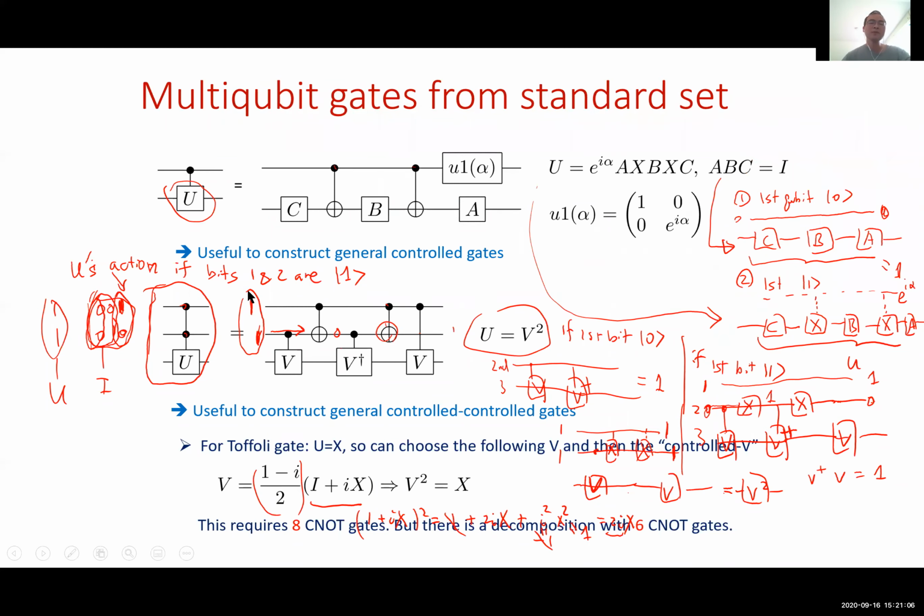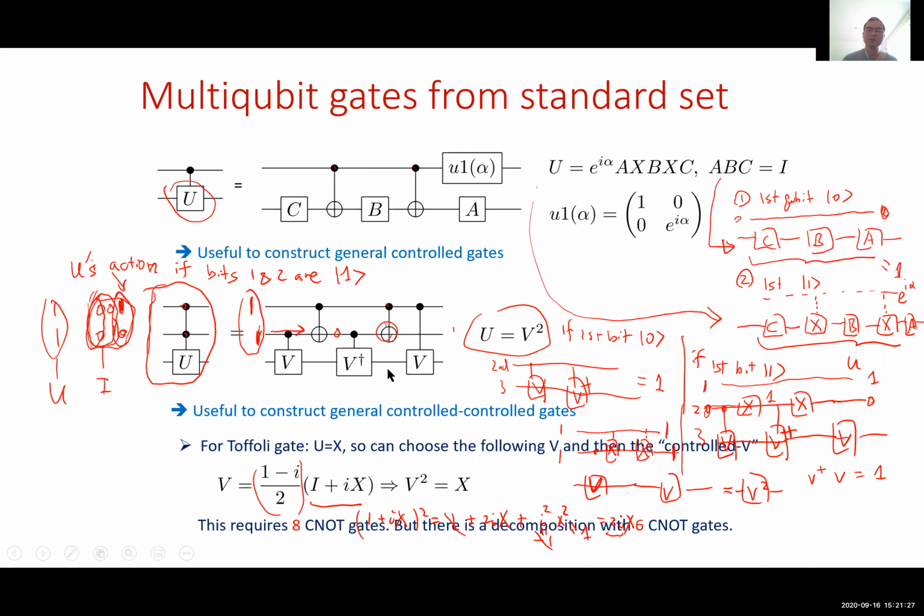And in order to implement control V gate using this identity, for each control V we need 2 CNOT. So I have to use 2 CNOT for this one, 2 CNOT for this one, and 2 CNOT for that one. So in the end, I would need 8 CNOT gates.